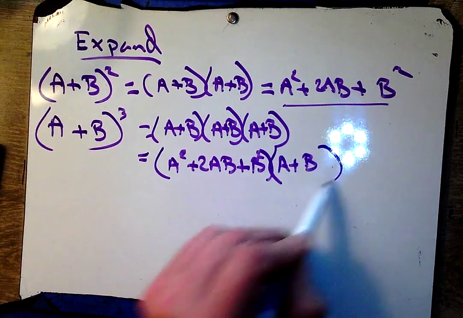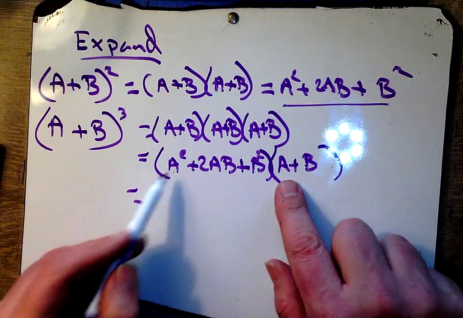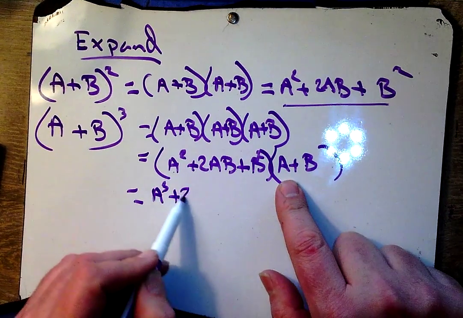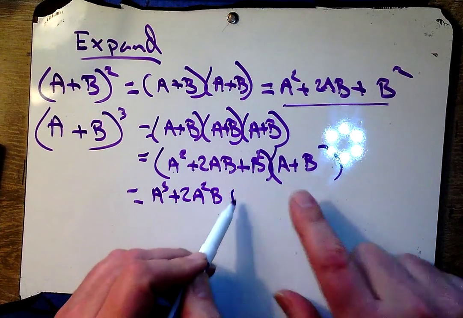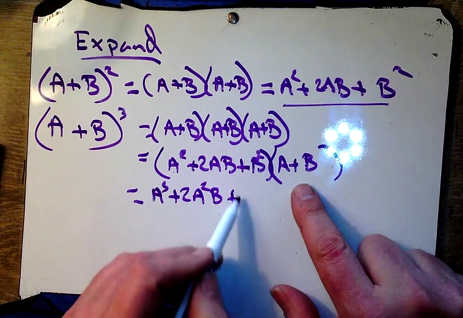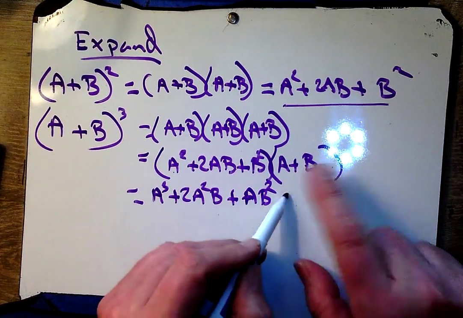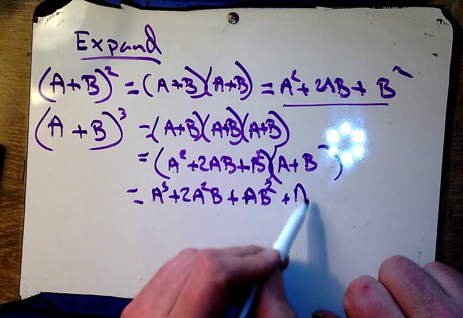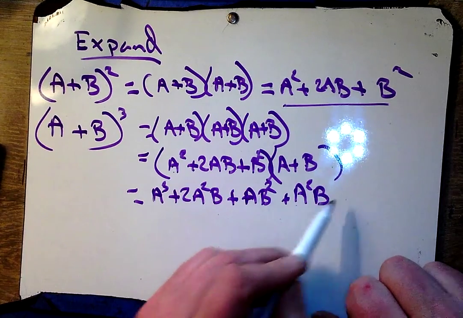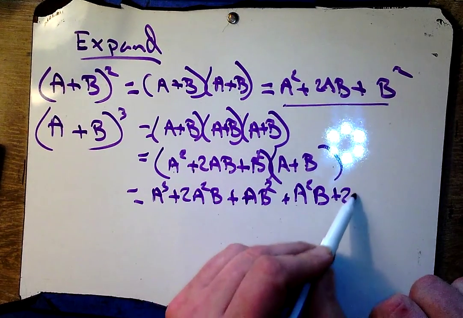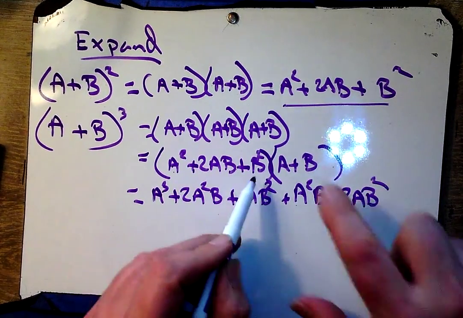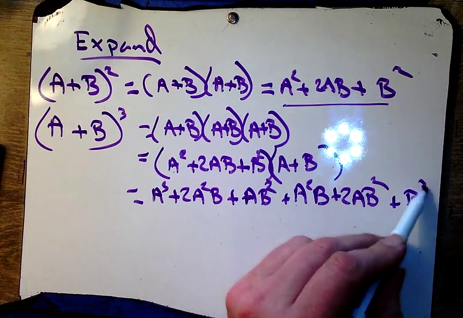Sure. And so what would that give us? That would give us a to the third plus 2a squared b plus a b squared plus a squared times b plus 2ab squared plus b to the third.